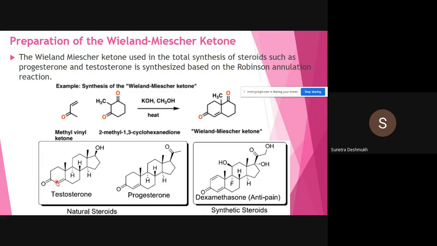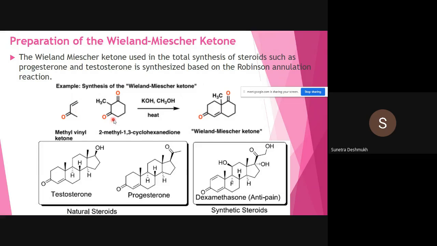Here you can see we can synthesize this kind of cyclohexenone via Robinson's annulation. This is testosterone, progesterone, and in the synthesis of testosterone in the laboratory, we have to use this step of the Robinson's annulation, for the Wieland-Miescher ketone.